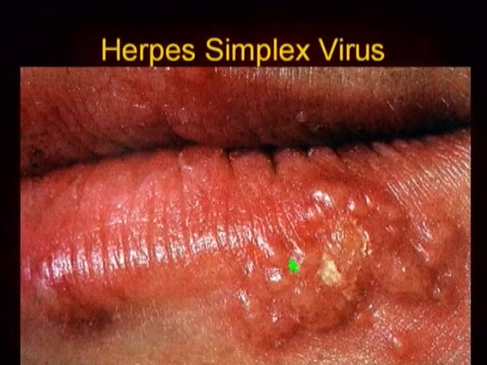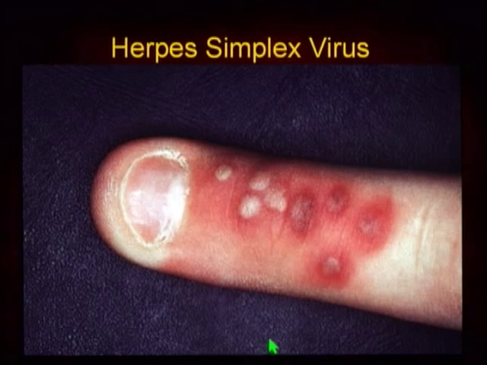So here again, a cluster of vesicles on an erythematous base on this patient's lip, so herpes labialis. Here a cluster on the patient's fingers, and the same findings. This is getting a little bit cloudy, so maybe an older vesicle that now is looking more like a pustule, but you still have that nice erythematous base there.